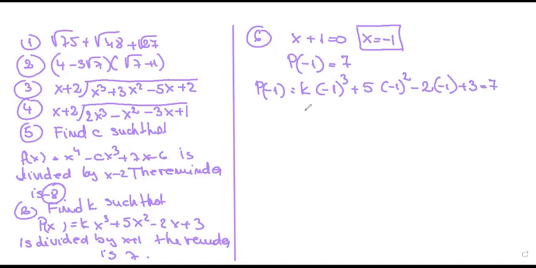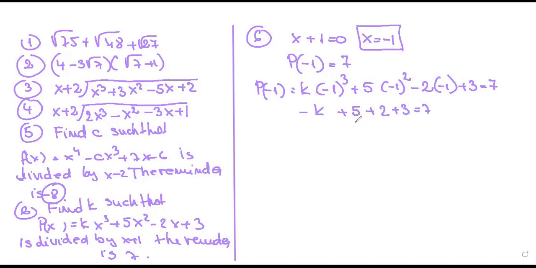So that becomes minus k plus 5 plus 2 plus 3 equals 7.